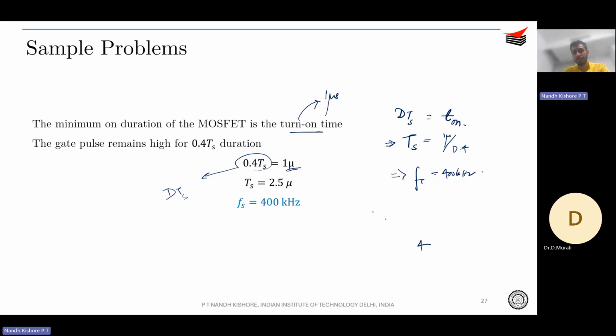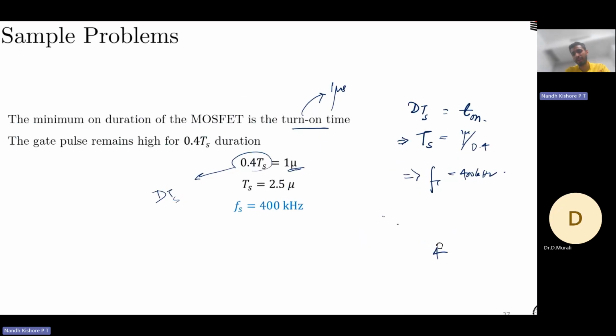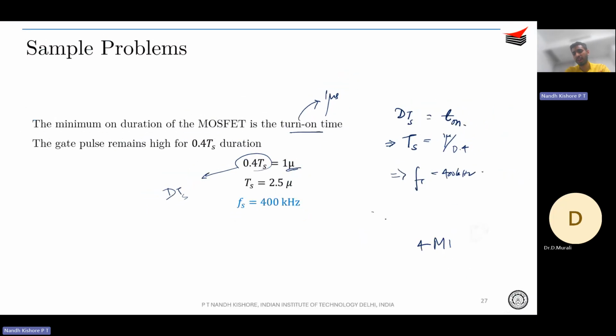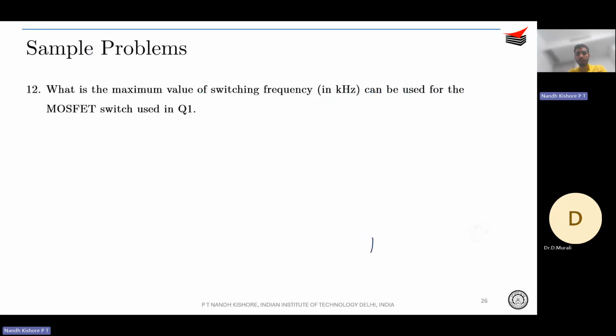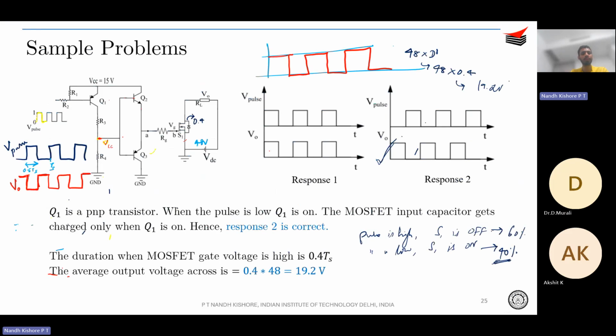If, instead of 400 kilohertz, I make it 4 megahertz, then TS would be 0.25 microseconds. 0.25 microseconds is way less than your 1 microsecond. So you're not getting enough time to actually turn on the MOSFET. The MOSFET will not be turned on properly.